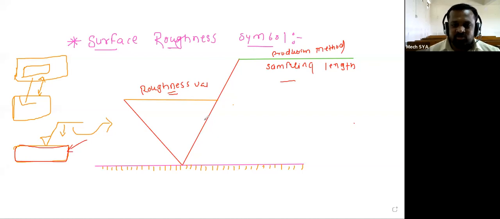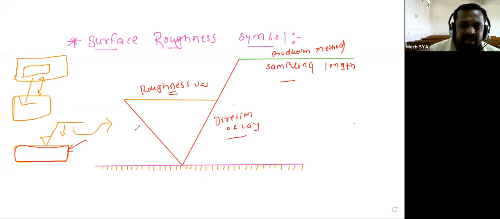And this portion shows the direction of lay. Again here, this portion shows the machining allowance. Now understood?